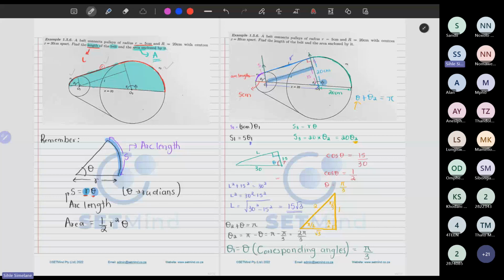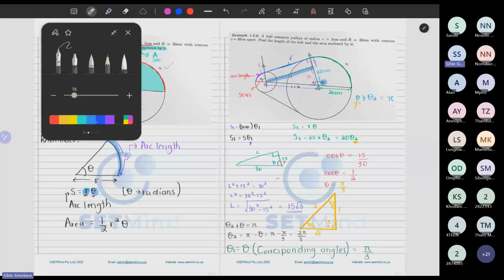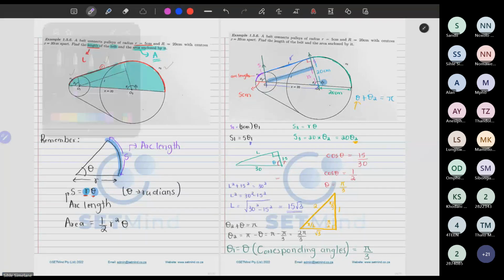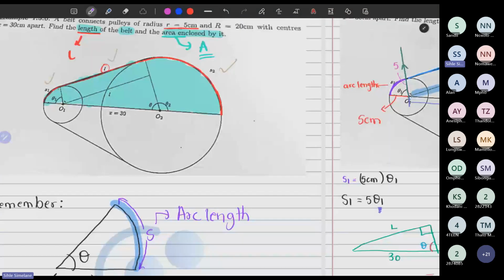So let's go ahead and compute the area which is enclosed by the belt. Essentially, it's the blue area. So what we can do here, we can be genius about this and say, let's split this into different areas. So let's see how we can do that.